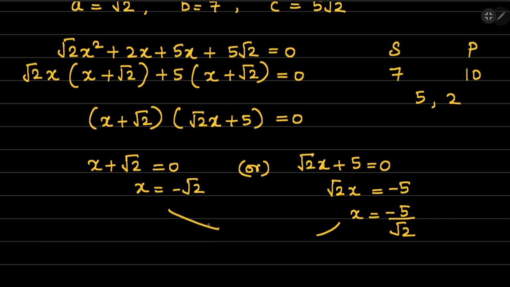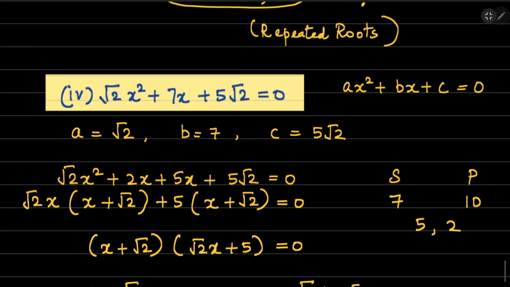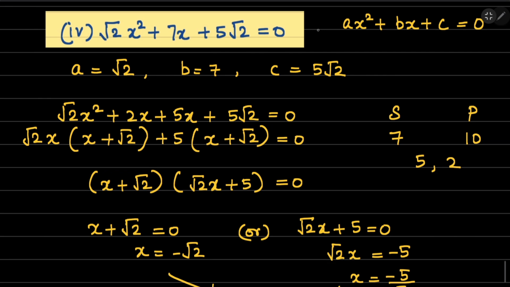So these are the two roots of the given quadratic equation. Okay, x is equal to minus root 2 is one root, the other root is minus 5 by root 2. So that's the answer.